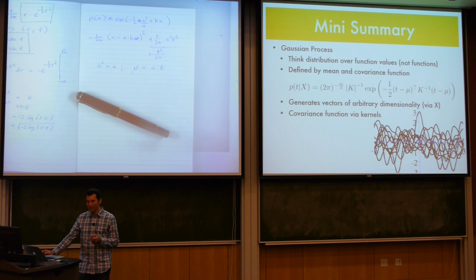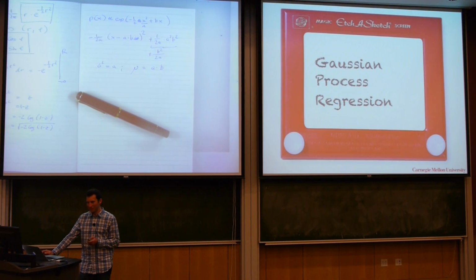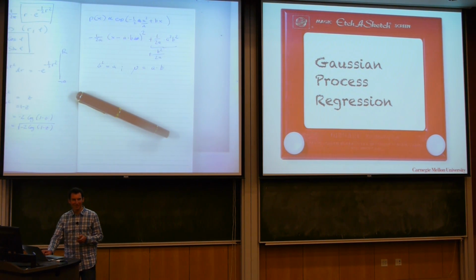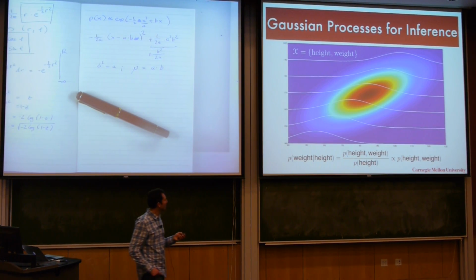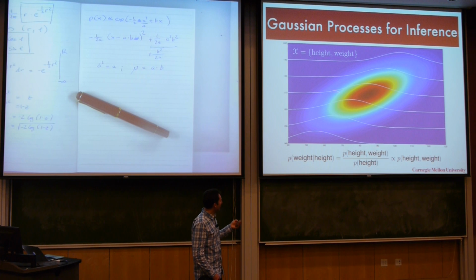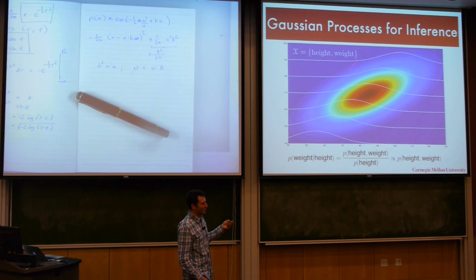Okay. Now let's do something actually useful with it, Gaussian process regression. Apologies for the scary math, but this is a conceptual tool that you need to have some intuition about. So let's go back to height and weight. As I now convinced you, this is actually a Gaussian process, right?